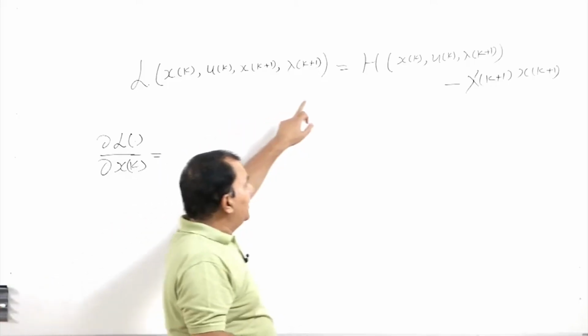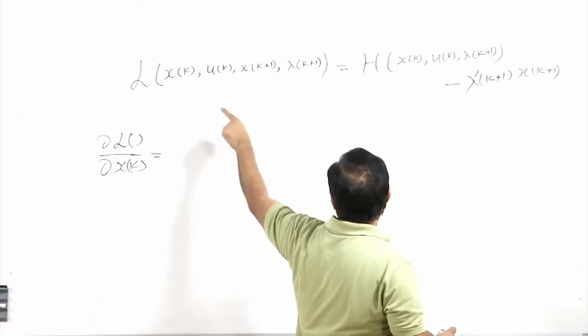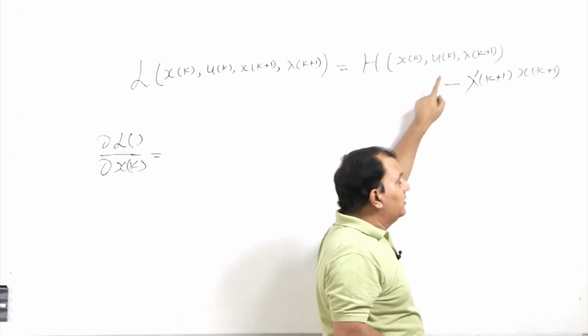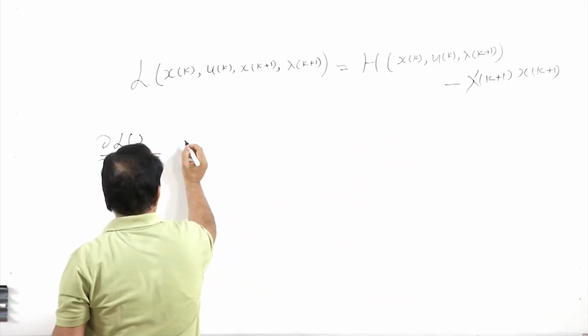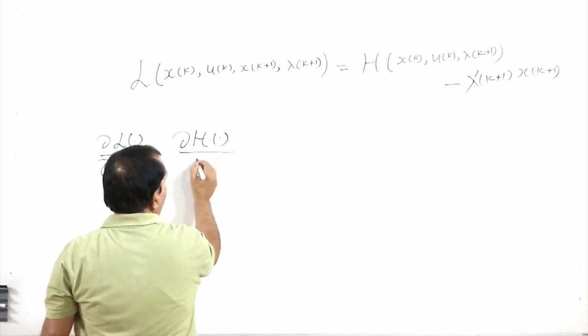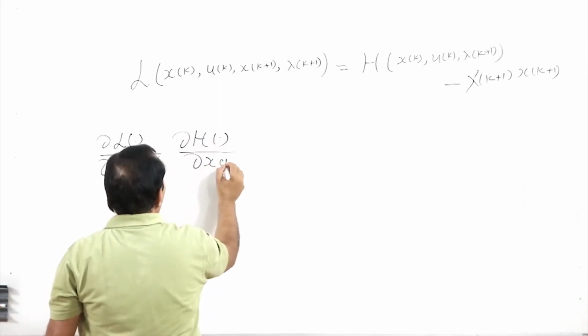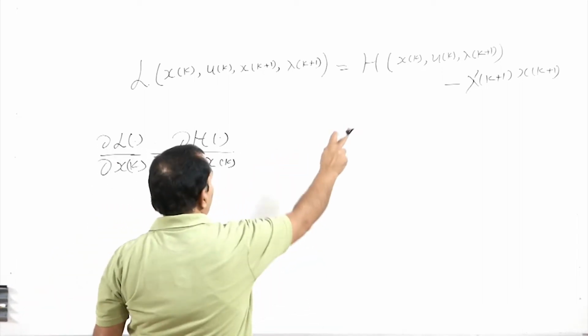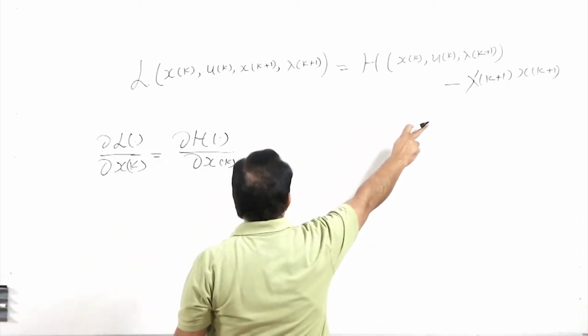If we differentiate this with respect to x of k, I have only the term with the h. So, this I can write simply as del h by del x of k, while this term will give me the 0.